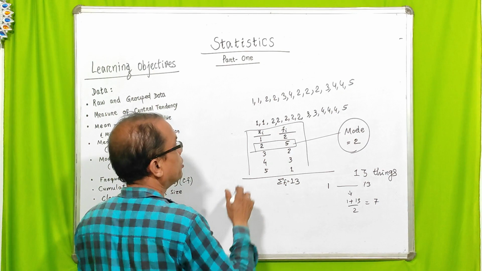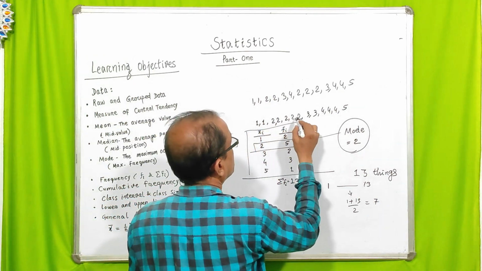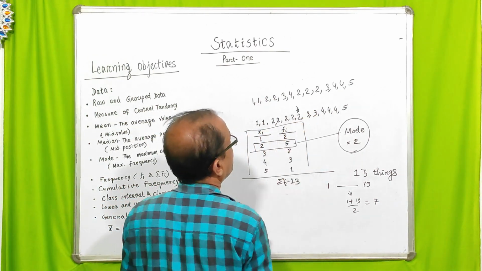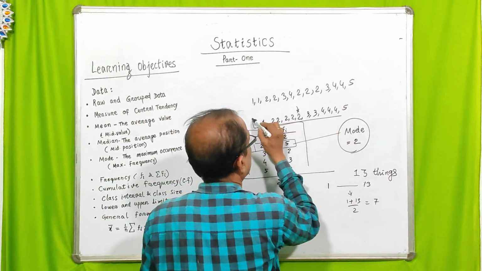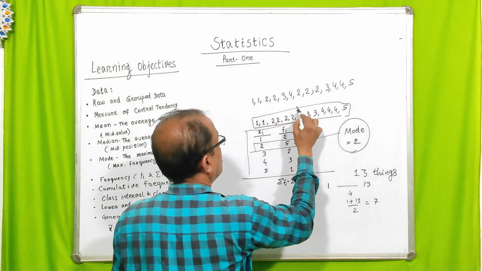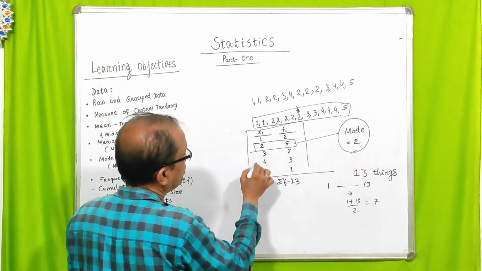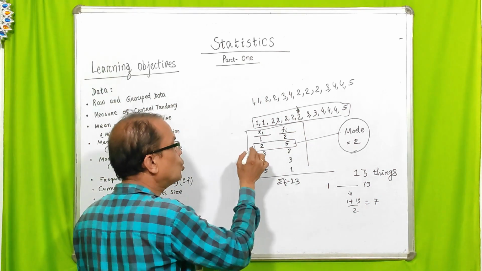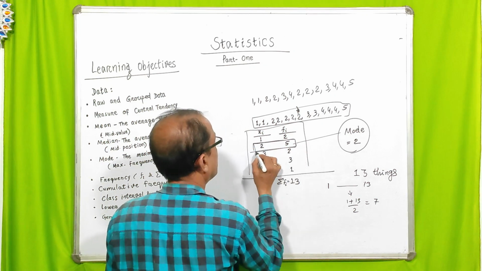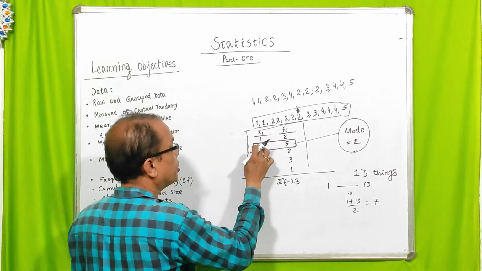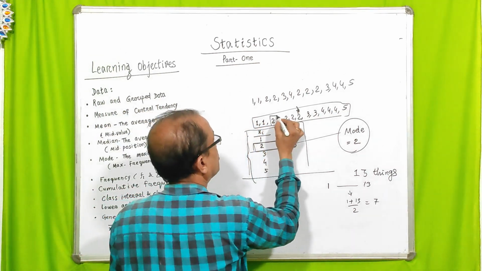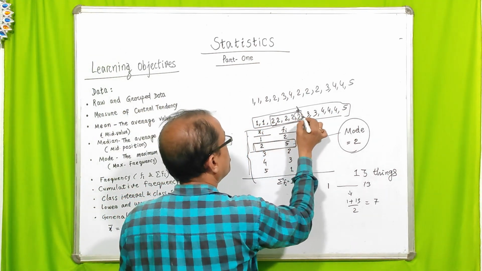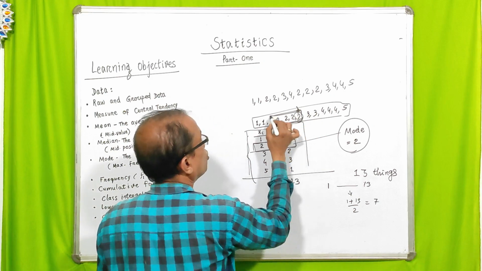So where is the 7th one? 1 2 3 4 5 6 7. This one is the median of the class. So this data has a median at this point. So if I write in this order, then 2 is here. In this data it is not taking the middle position, but this belongs to a class. This 2 is in this group.